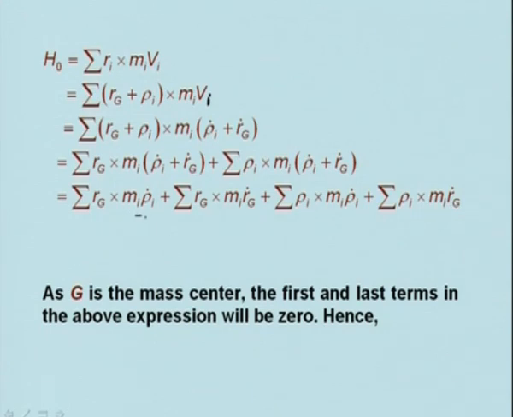You take the moment of mass and then differentiate it, so this term becomes 0. And the last term also, sigma rho_i cross mi r dot g, this term will become 0, since sigma mi rho_i is equal to 0. So therefore this term also vanishes.